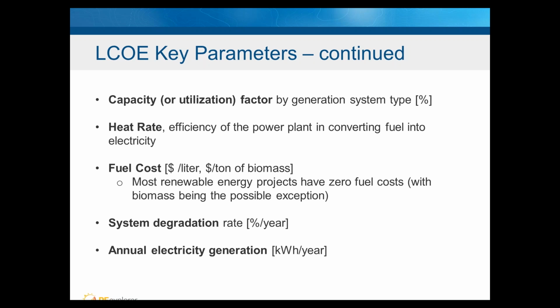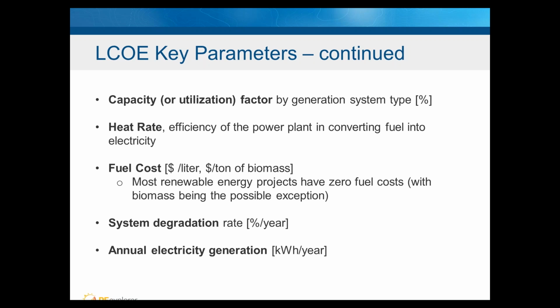System degradation rate: over the lifetime, the system starts by producing electricity at rated or pretty high efficiency, but over the lifetime it will produce less and less electricity.